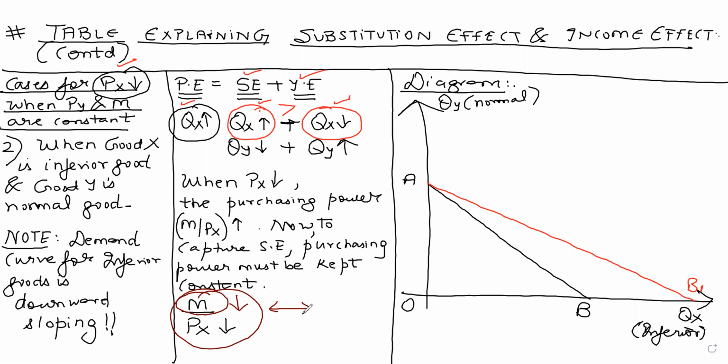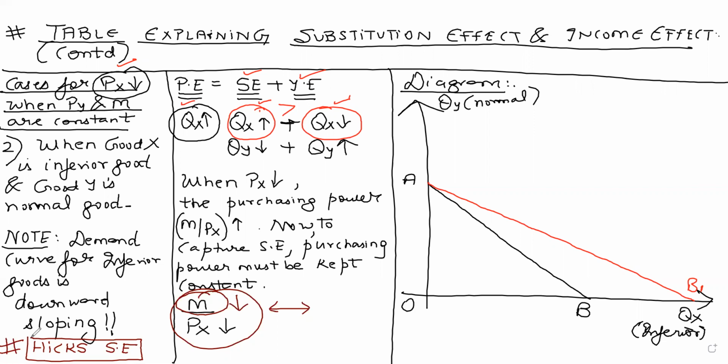Mathematically, how do you make a fraction constant? If your denominator has fallen, you also reduce the numerator. And since, if you all can recall, we are doing the Hicks substitution effect, given by the economist J.R. Hicks. So what does Hicks say?